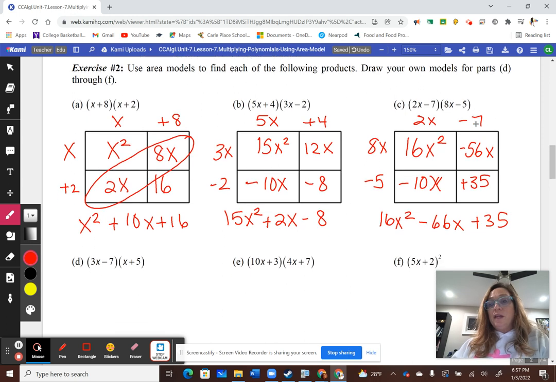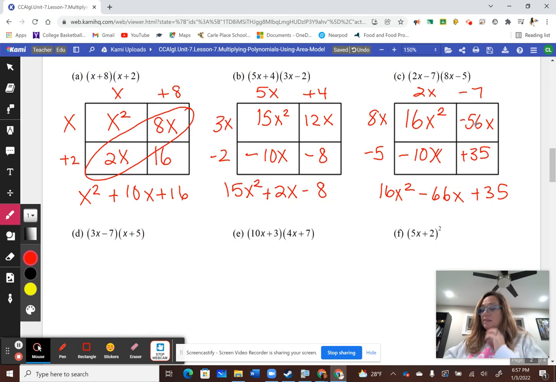Now you can also use your graphing calculator to check these because the binomial times binomial is like the question. Those are the two factors that when you multiply them, you get the product or the answer, which in this case has been a trinomial every time.